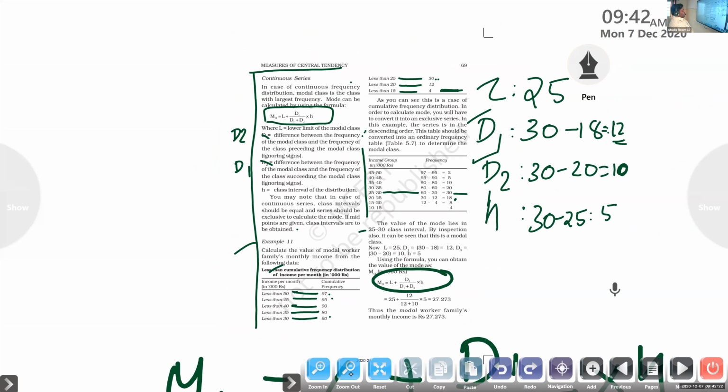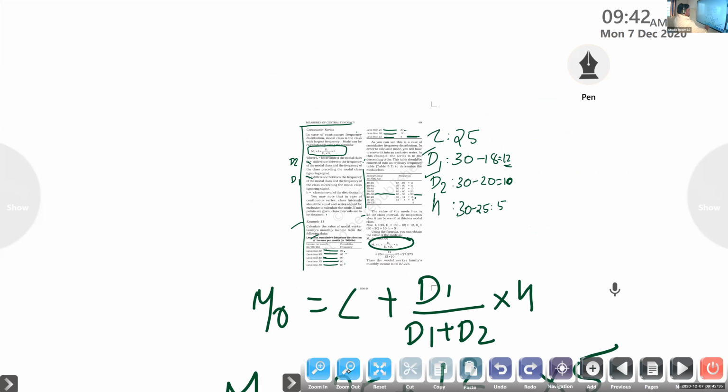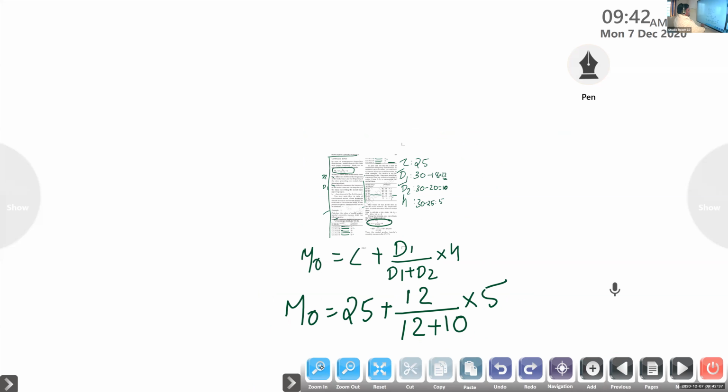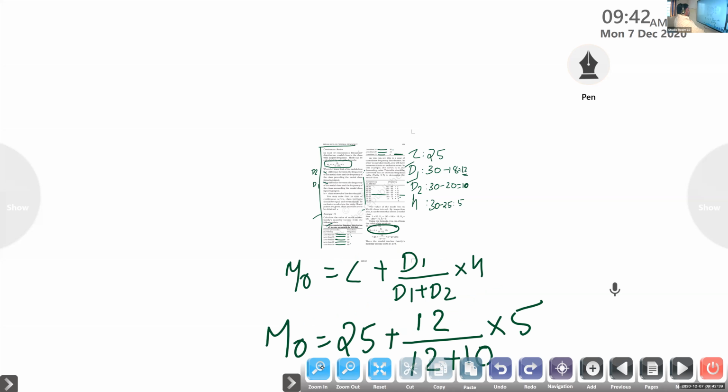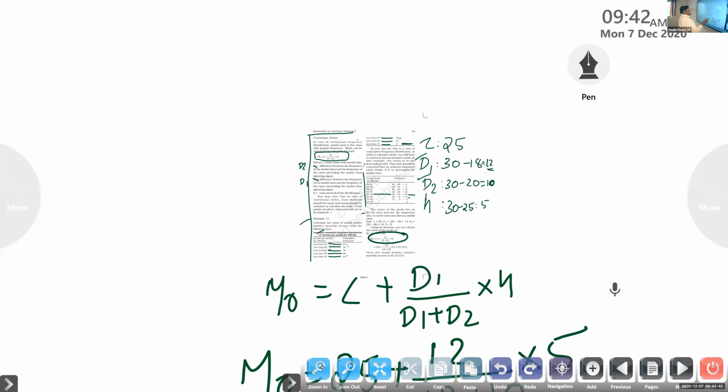Student: You wrote 12 minus 10. Yeah, 12 plus 10, wait one minute. Yes, D1 plus D2. So we get 25 plus 12 divided by 12 plus 10, into 5.